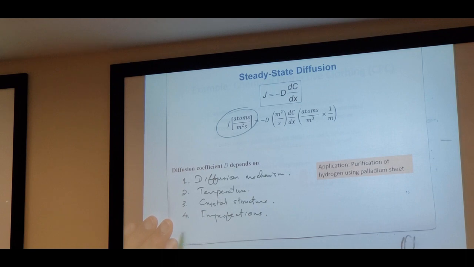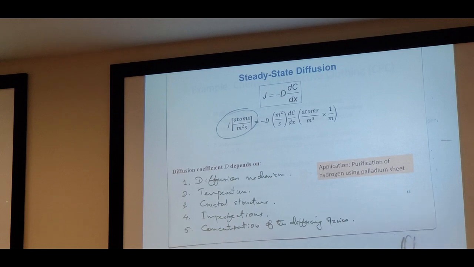Then five, concentration of the diffusing species. These are all important, okay? These are the factors that determine the diffusion coefficient.